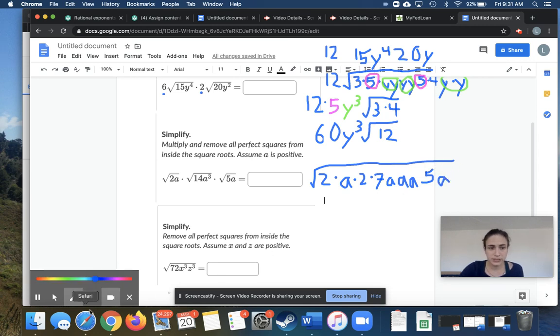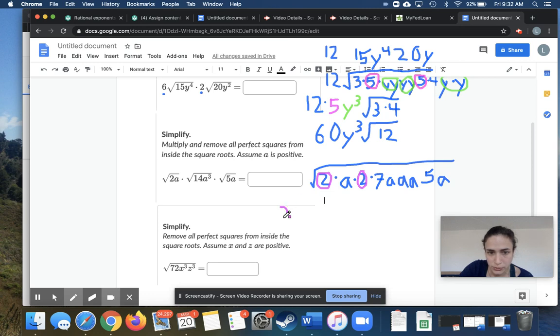Okay, so now what you need to do is do the same thing I was doing before, where you're looking for pairs, okay? So there's a pair of 2's. I'm seeing that one, so I'll put that 2 on the outside. Then, I love these colors. These are kind of cool. Then we got some A's here. So there's an A, an A, an A, and an A. So I'm looking at 2 pairs of A with 1 A left over.